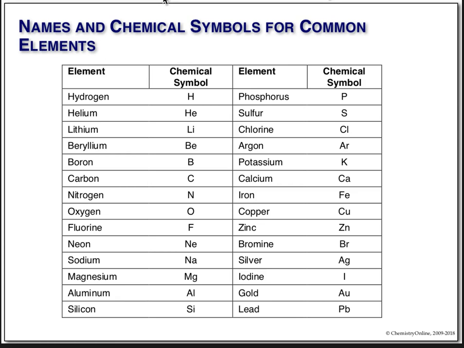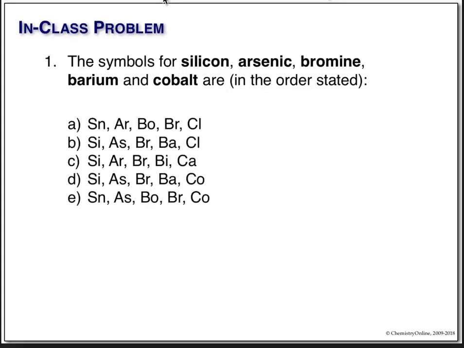Now, there are many ways to test a concept like this. Quite often when we cover a topic like I said before, I will throw out exam questions from old exams. So let's look at some on this subject. Here we're looking for the symbols for silicon, arsenic, bromine, barium, and cobalt in that order.